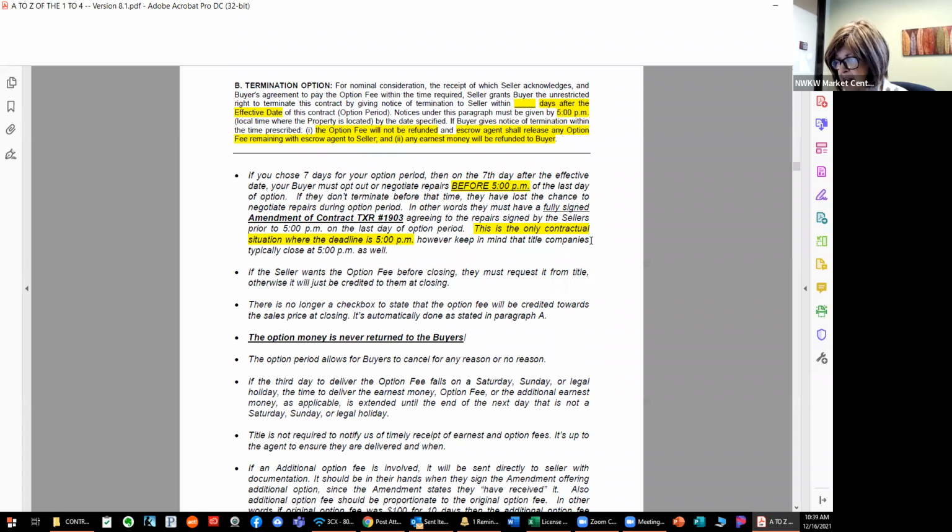Then once they sign something, their agent is supposed to get it back to you, hopefully before 5:00 p.m. Because if they don't, and if those are deal breaker items, you would need to send them a termination prior to 5:00. We just need to know that 5:00 is the deadline to get everything agreed to, not just sent over.